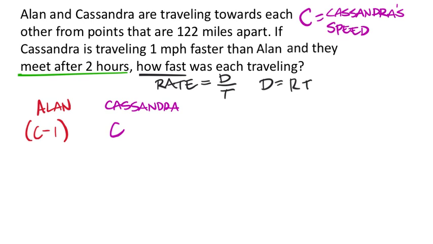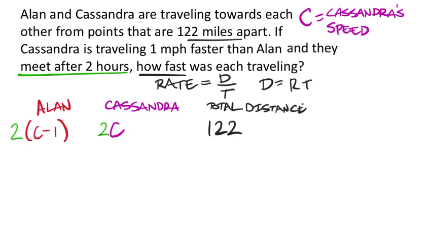Then we found the rates, and we would multiply that by the time. We know they did both travel 2 hours, so I can just multiply both of these by 2. See how that's setting up pretty good, right? And then the distance that they're going to travel together is 122 miles apart.